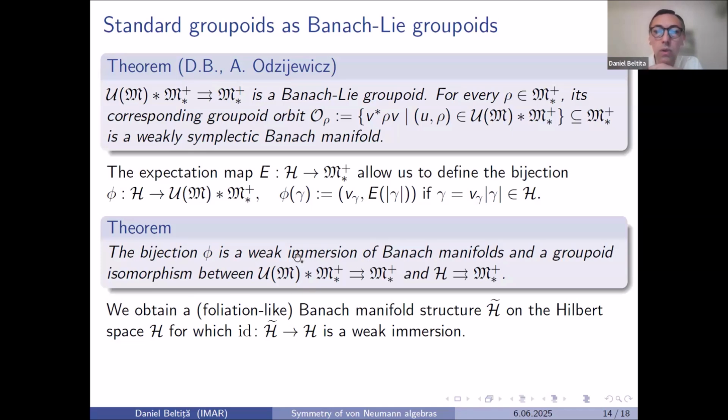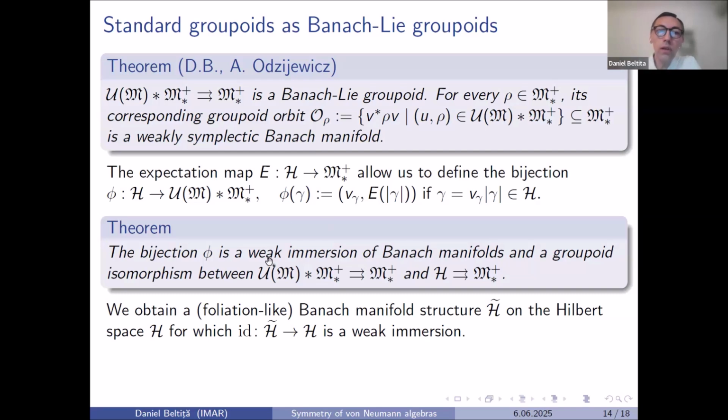It's the same here. So what we obtain on the Hilbert space is a kind of foliation by Banach manifolds, which is again a structure to be understood in the future. But it's certainly an example of a foliation in infinite dimensions, a topic, an area that is not very much explored.